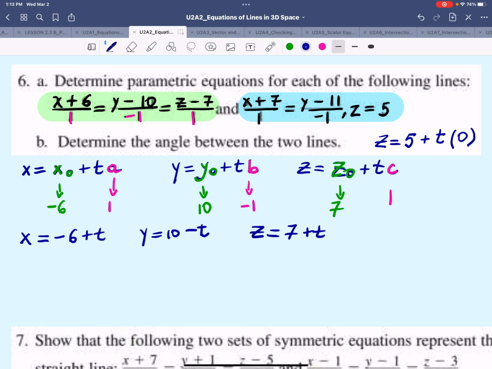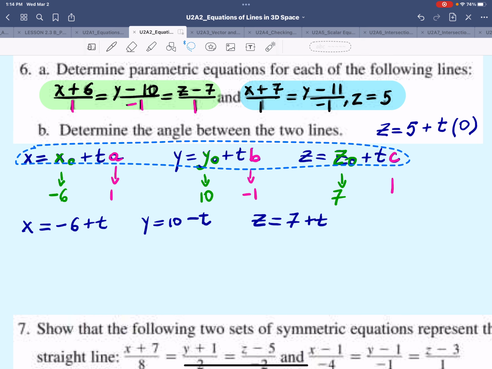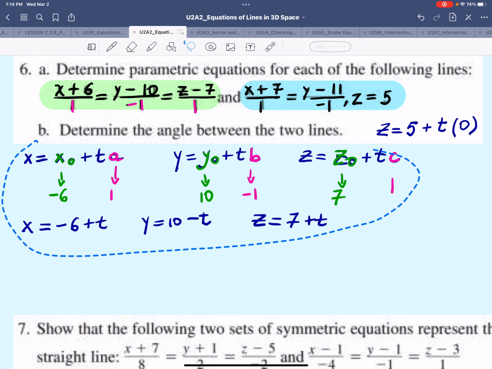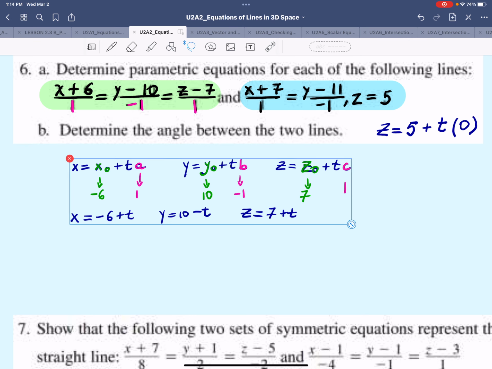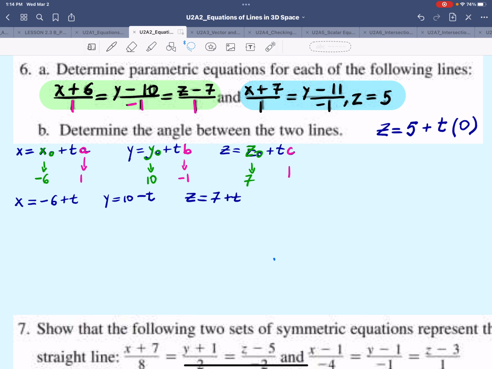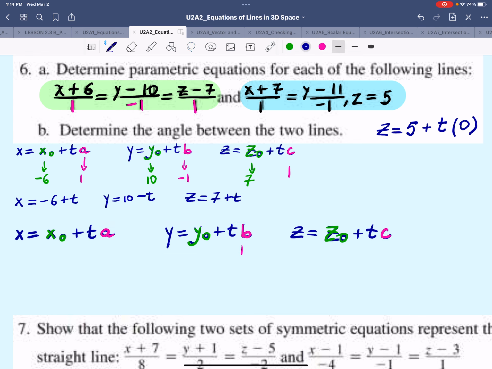So now let's take a look at the second equation. In the second equation, we have, again, the same process. And what I'm going to do here for the second equation, I'm just going to copy this down so it's easier to connect the things together. And I'm going to try to make this a little bit smaller so we have enough room. And here we go. So for the second line, now we're going to look at this symmetric equation.